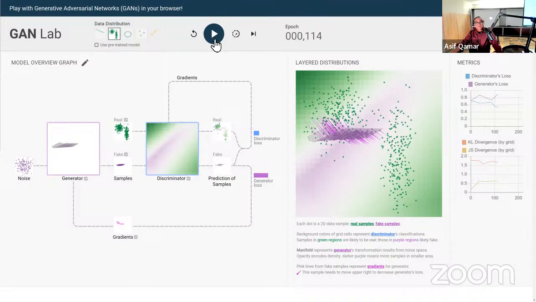Okay, let's see now what happens. Now, you see, generator is thinking this is a good idea. This is how reality must be. And so it has built this plane. Now, do you notice that actually the generator is doing rather not so good at this particular moment?